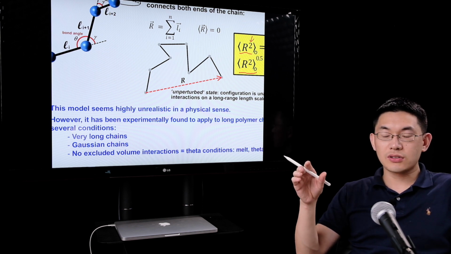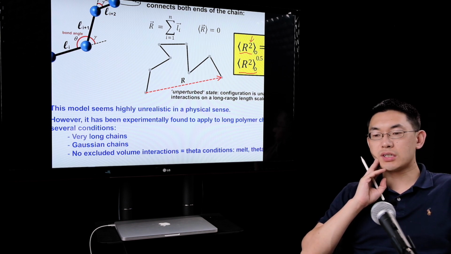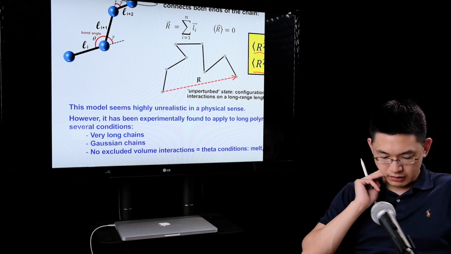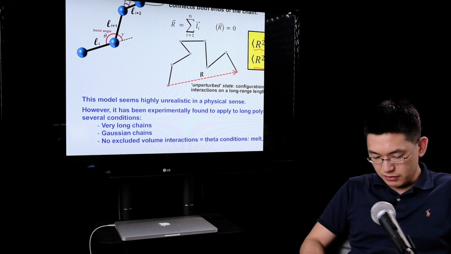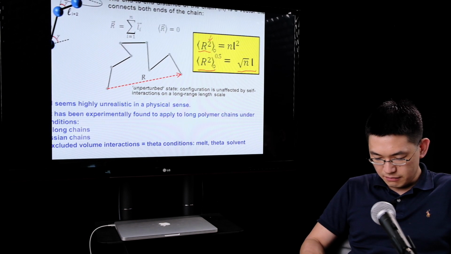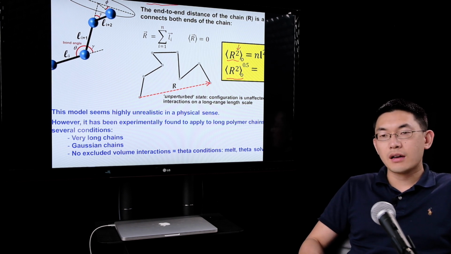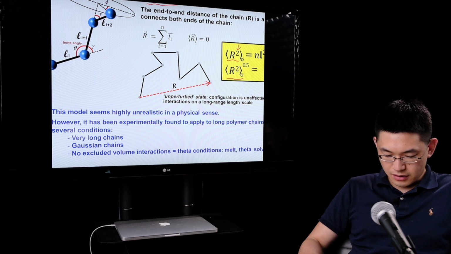So in real cases, the other two models we're going to discuss in this class, free rotation chain and hindered rotation chain, will be more realistic. However, people still use this model because it is quite useful in many senses, in that you can apply it to a long polymer chain and it still gets very reasonable results.